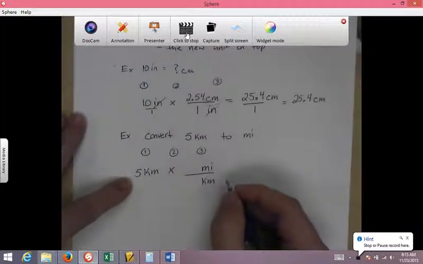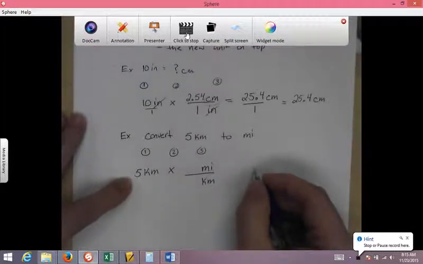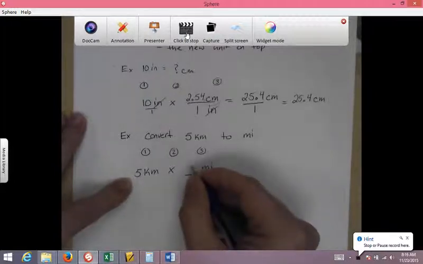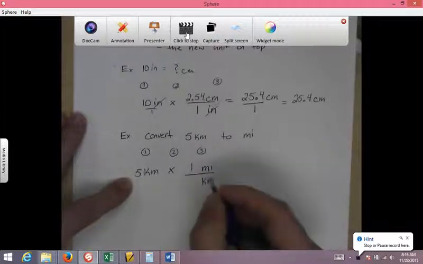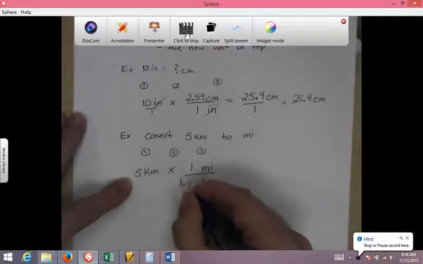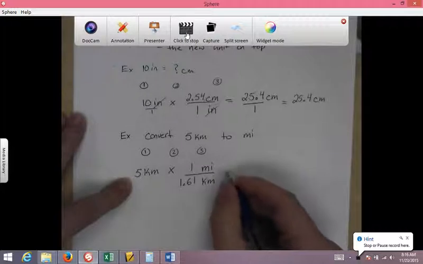Let's fill in this conversion. Again, the chart on page 320 says that 1.61 kilometers is about 1 mile. So I'm going to fill this in, 1 mile here, and here I have 1.61 kilometers.